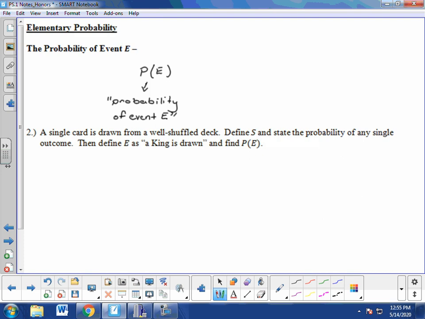The probability of event E is going to be N of E over N of S. N of E would be the number of elements in an event, and N of S would be the number of elements in the sample space.